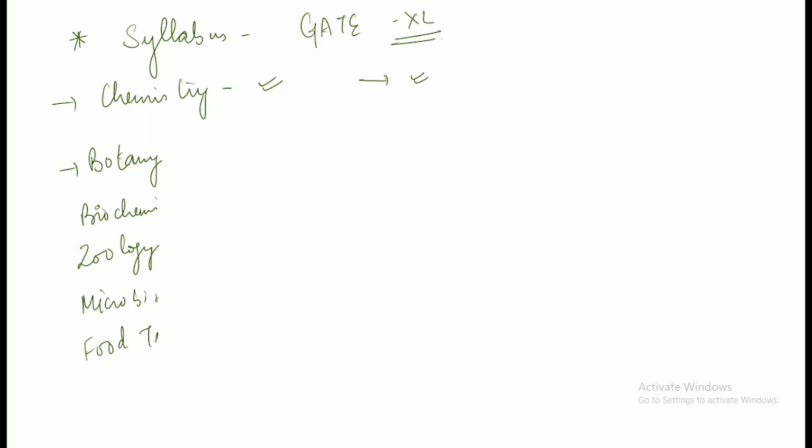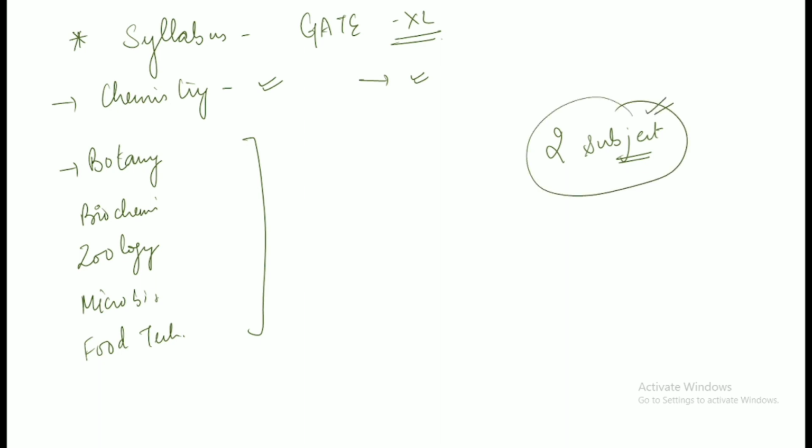Now, out of these topics, we have to select 2 subjects. As we can see in the prescribed exam pattern, we have to select only 2 subjects for the complete paper attempting. The general aptitude is common for all, chemistry is common for all, and out of these 5 areas, we have to choose any 2 areas depending upon your interest areas.